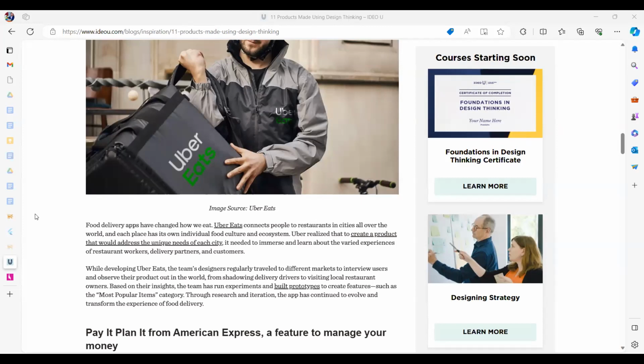So what was the problem they were solving? Uber Eats connected people to restaurants in cities all over the world, and each place has its own individual food culture and ecosystem. Uber realized that to create a product that would address the unique needs of each city, it needed to immerse and learn about the varied experience.